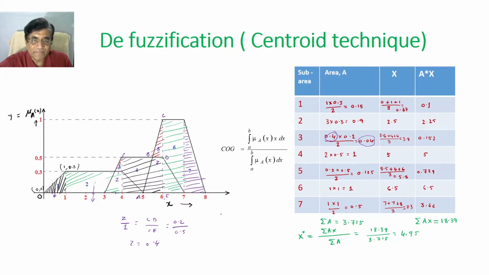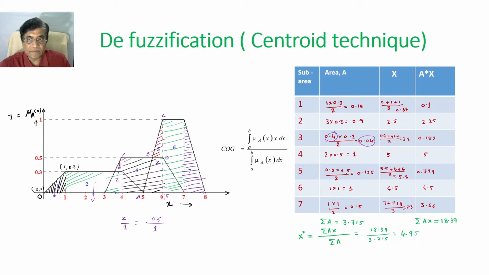You can figure out what is Z. Okay. So this divided by this, which is 1, 5, and 6. So 1 equals to this divided by, CD divided by CE, right? CD is what? 0.5. CE is equal to 1. So it's 0.5.